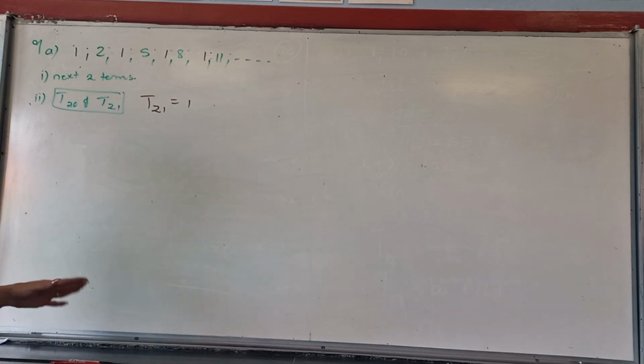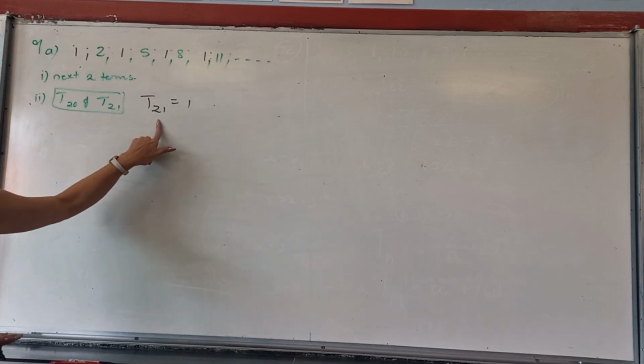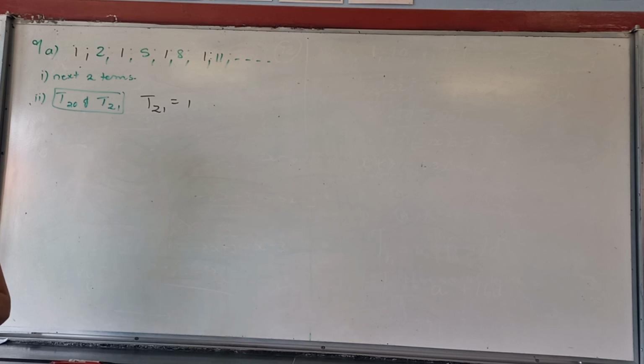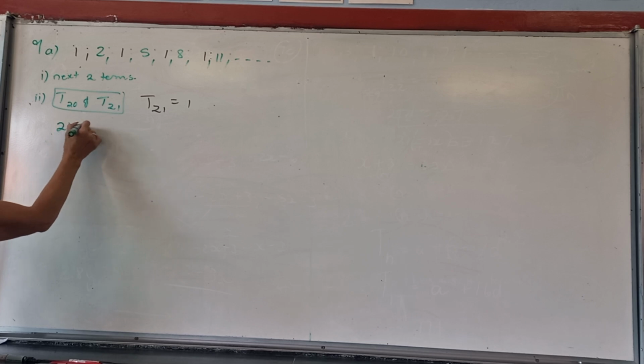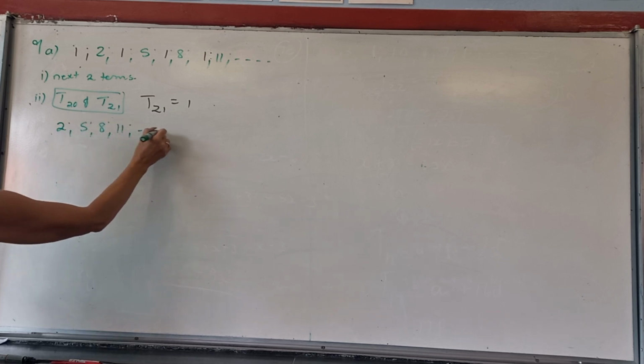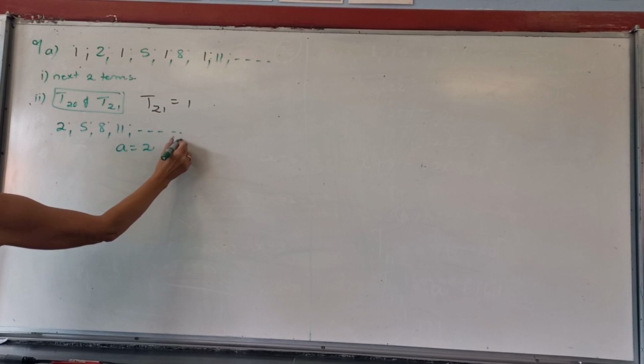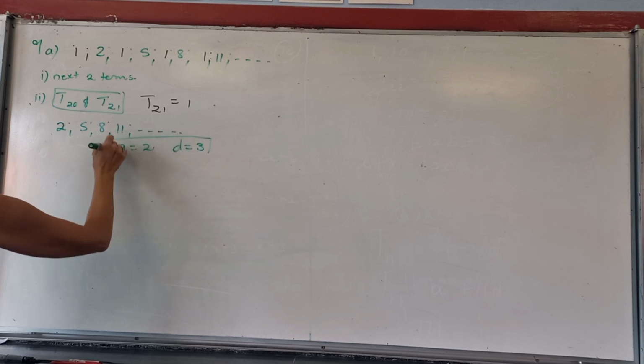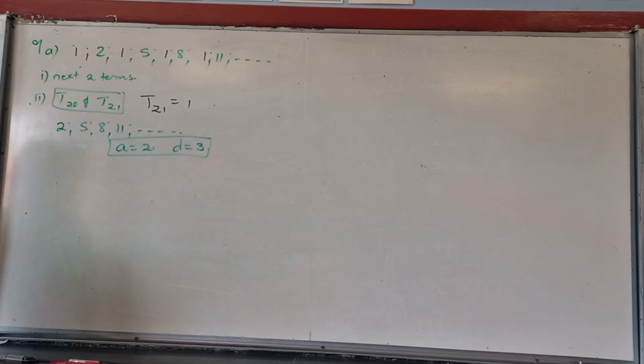Without showing anything, because it's a logical deduction. First position, third, fifth, 21st position would be 1. No calculations necessary. But then for the green one, my A is 2, my D is 3, guys. Wakey, wakey. And now I want to know which term this is that I'm looking for. The 20th term is which term in the green one?